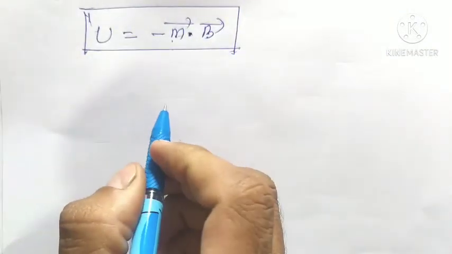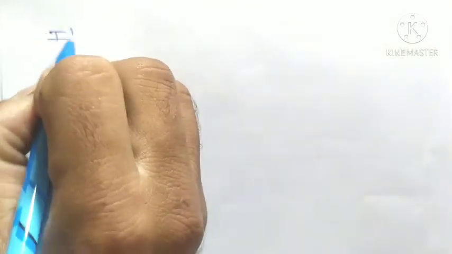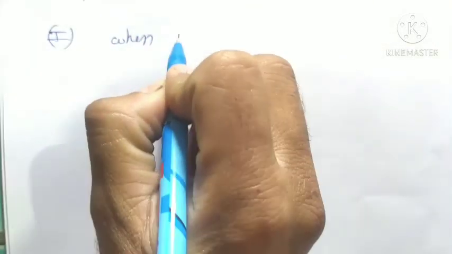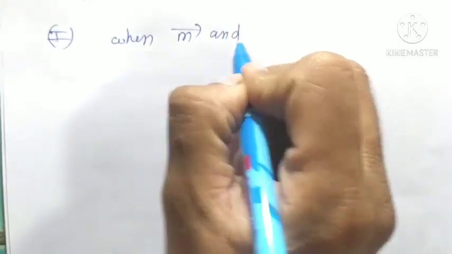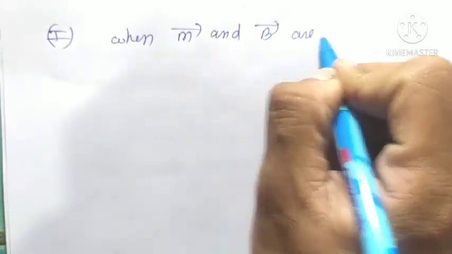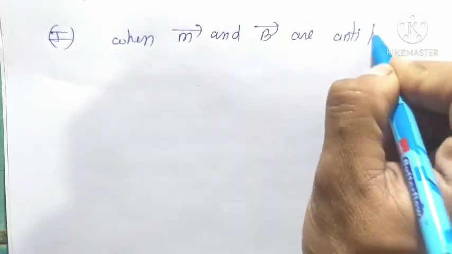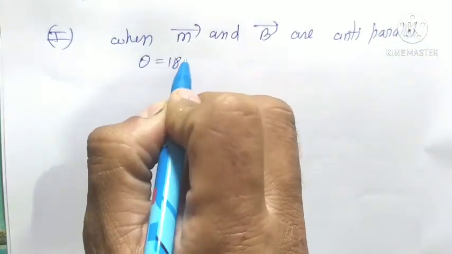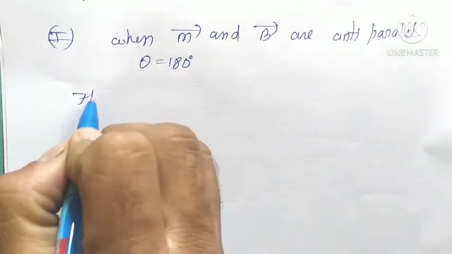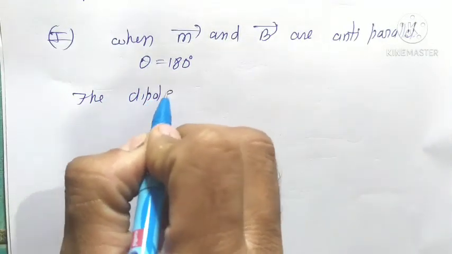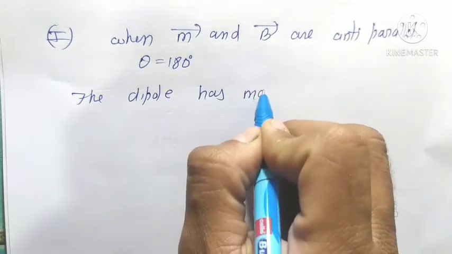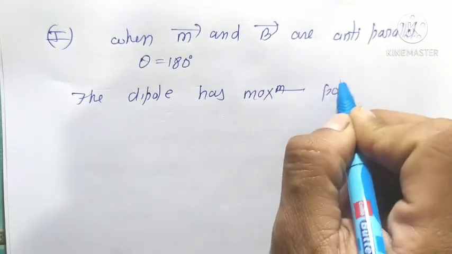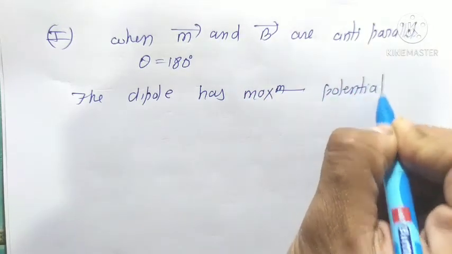Okay. So now we see some special cases. Case number 1: when M and B are anti-parallel, I mean theta is equal to 180 degrees, then the dipole has maximum potential energy.